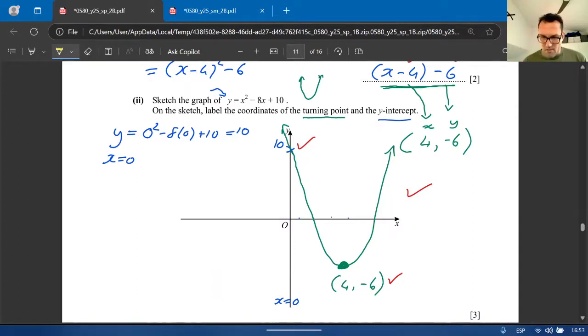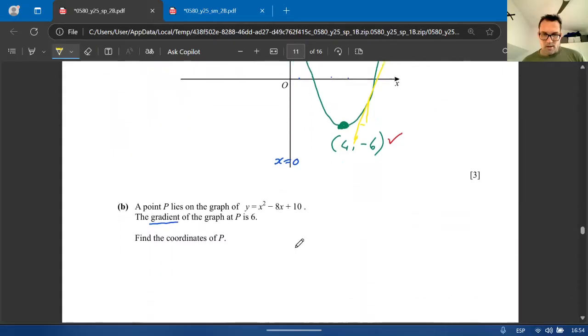It won't be here on the left because that would be a negative gradient, so it's a positive gradient. It's quite steep. For every 1 square we go to the side, you go 6 squares up, and it touches the curve. It's a tangent with a gradient of 6.